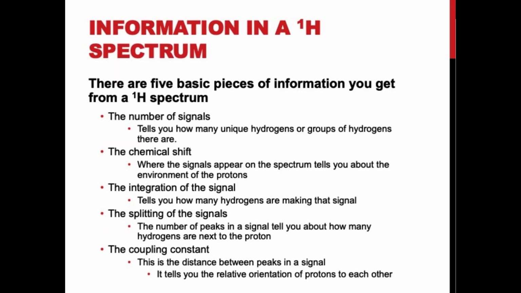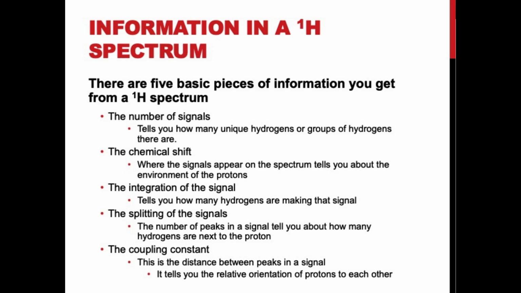So there are 5 basic pieces of information you get from a hydrogen NMR, right? The first is the number of signals, right? And the number of signals tells you how many unique hydrogens or groups of hydrogens there are in your molecule. So this is first pass. It'll let you know how many different types of hydrogens there are, right?